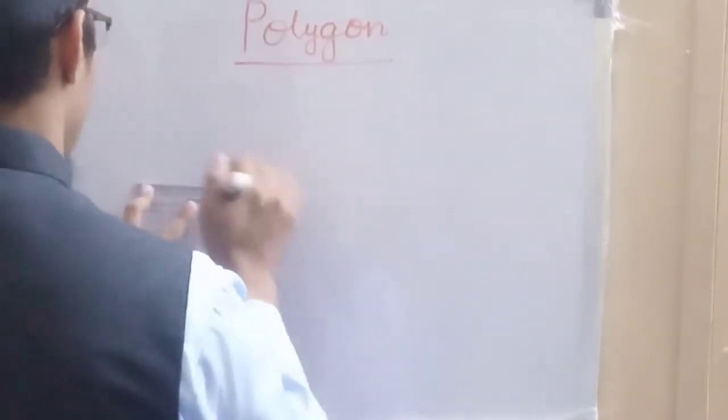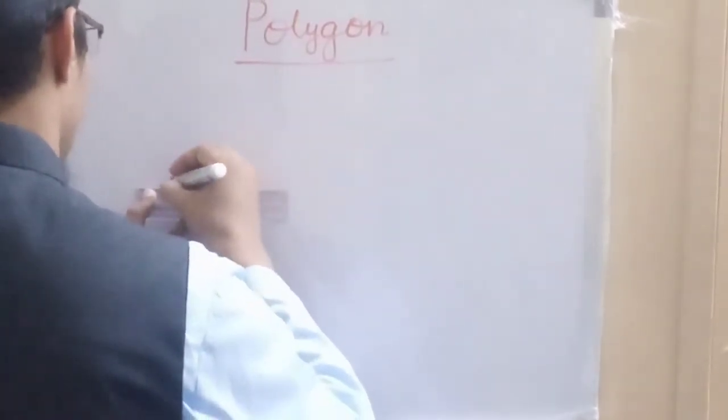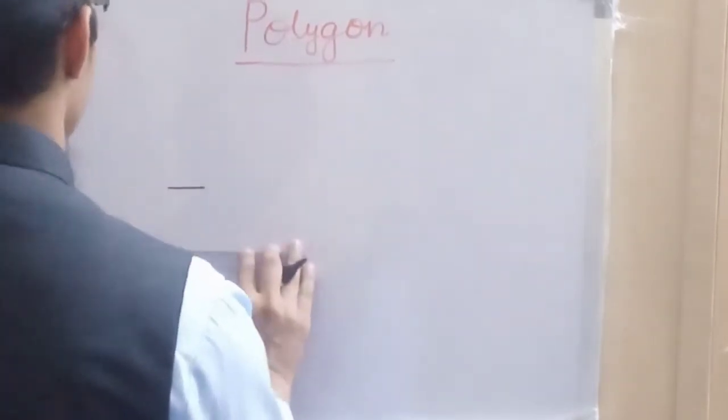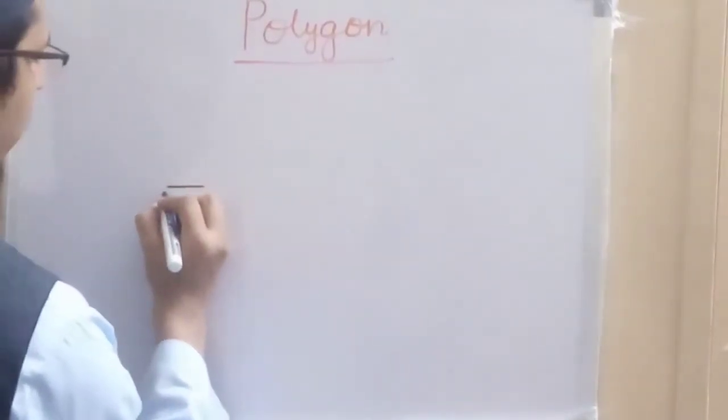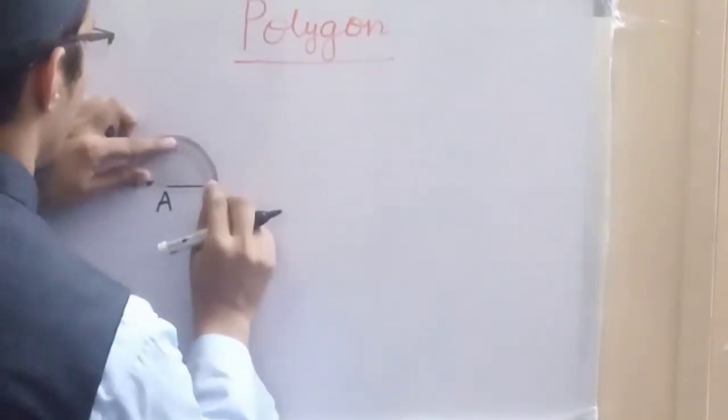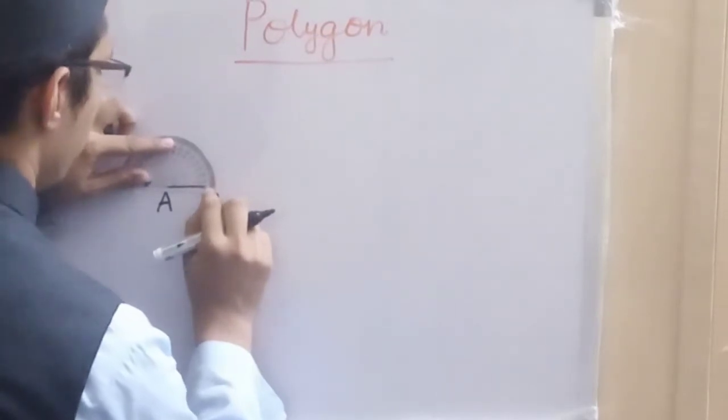We are given the side, let's suppose it is about 3 mm. A 3 mm side triangle is there. We will draw the base. Let us say this point is A and this is B. Then using the drafter or protractor, draw an angle of 60 degrees from end A.